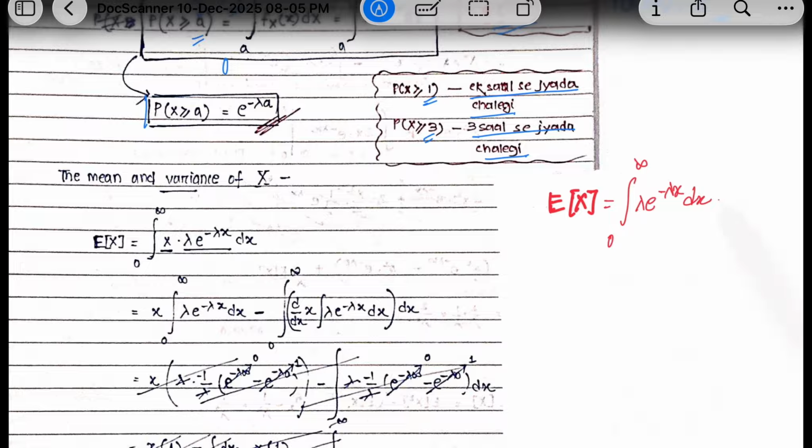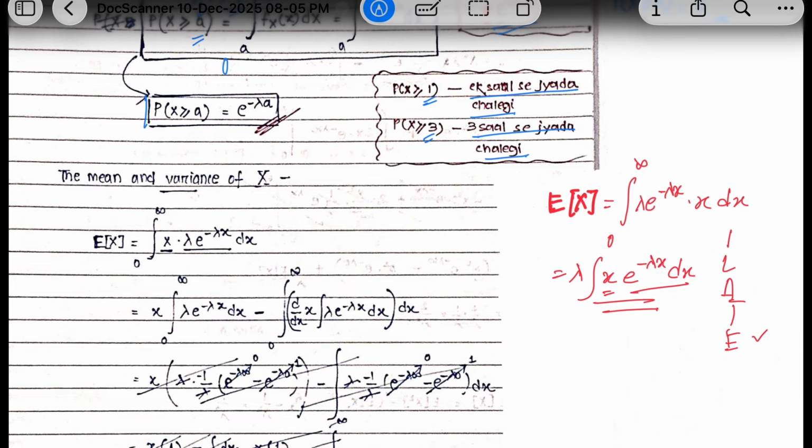For expectation, we need to do x times f of x. So this can be written as lambda taken out. Here you need to apply integration by parts and solve. This is one and this is the second.